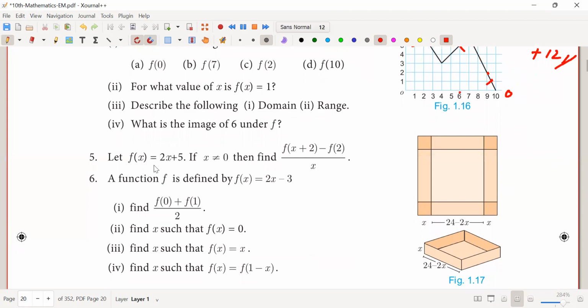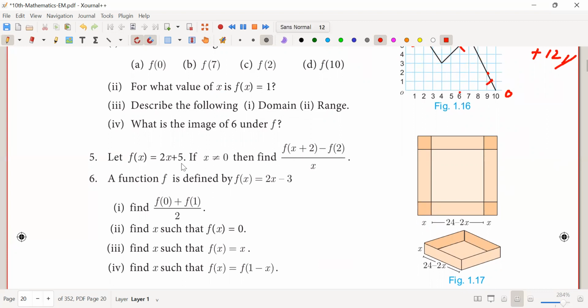Okay. F of x equal to 2x plus 5. Find the value of f of x plus 2 minus f of 2, divided by x. First find f of x plus 2: 2 into x plus 2 plus 5, that is 2x plus 4 plus 5... 2x plus 12.